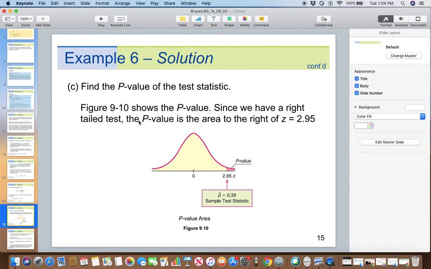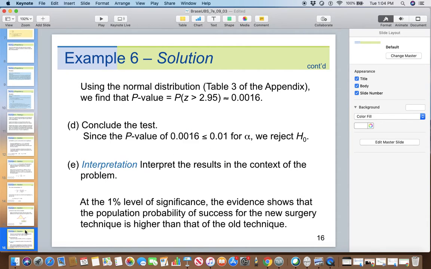The P value is the area to the right of Z equals 2.95. Well, you can use your table, and that comes to approximately 0.0016. Now that P value is smaller than 0.01. So we are able to reject the null hypothesis.